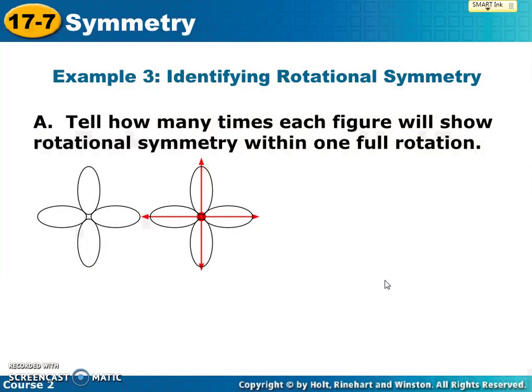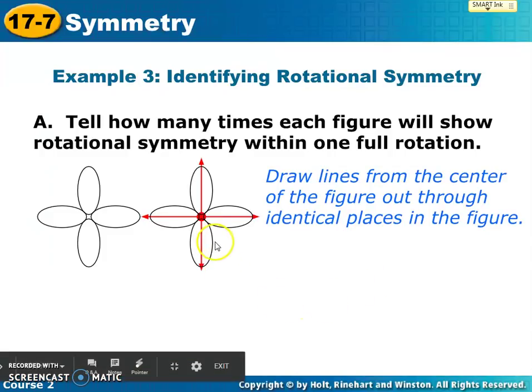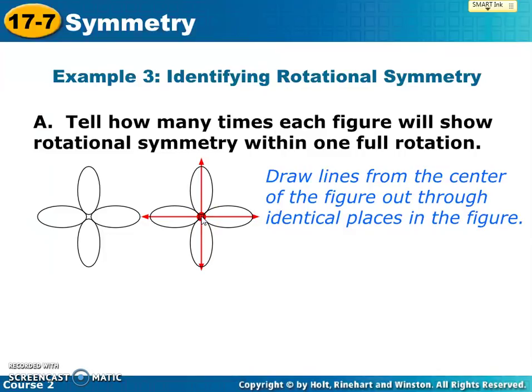So as you look, we have a little flower shape here that we're going to look at to see how many times each figure will show rotational symmetry within one full rotation. Well, what we're going to do is this. We're going to take our center of rotation, and we're going to draw lines from the center out through identical places in the figure.